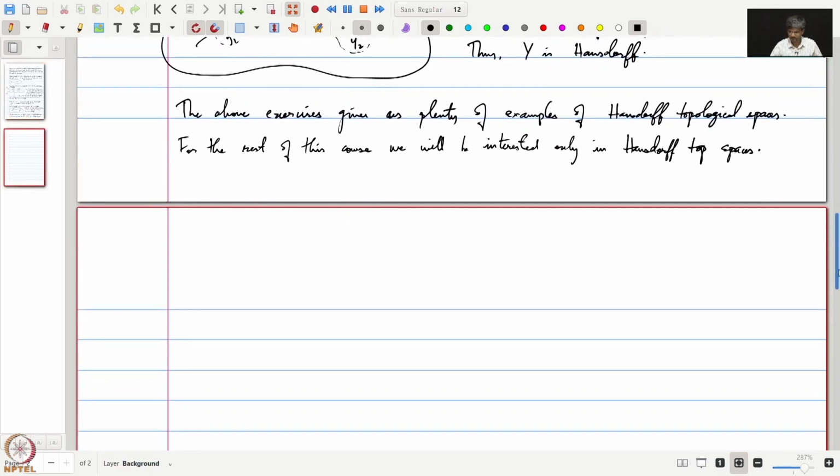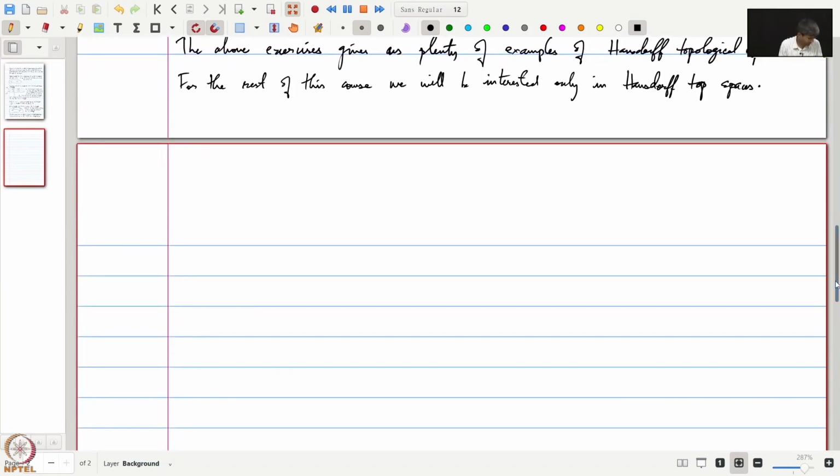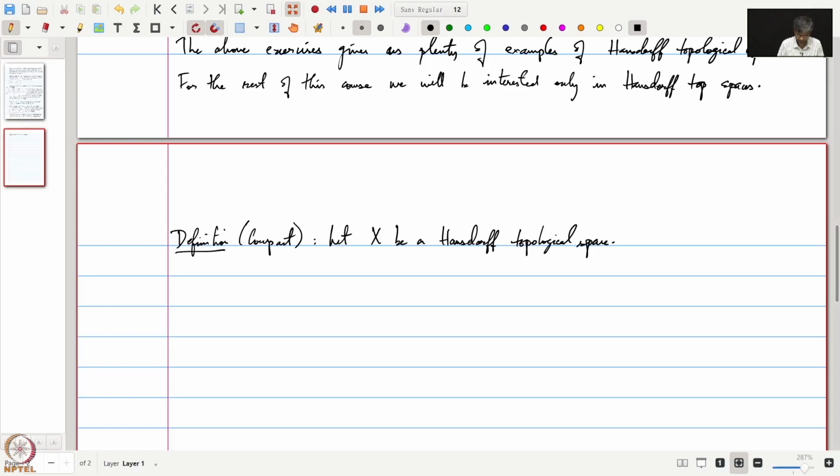Okay, so we have defined what Hausdorff means. Now we are ready to define compactness. Let X be a Hausdorff topological space. We shall say that X is compact if the following happens.